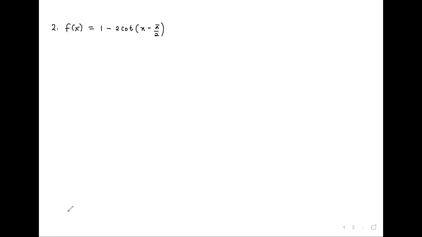If there are any shifts, we work on the shifts from the start. So the period is pi over 1, giving us pi. The scale is pi over 2.